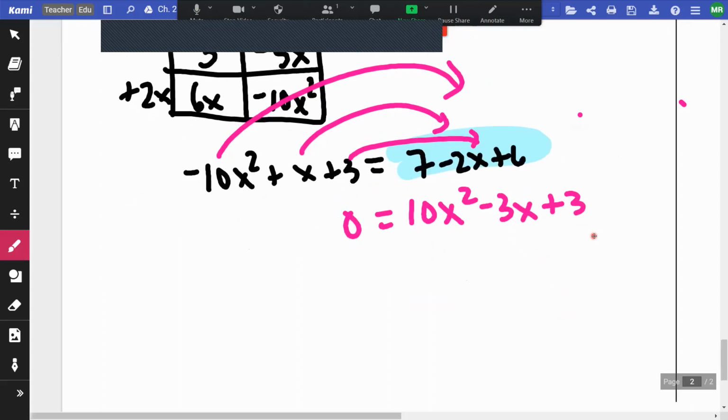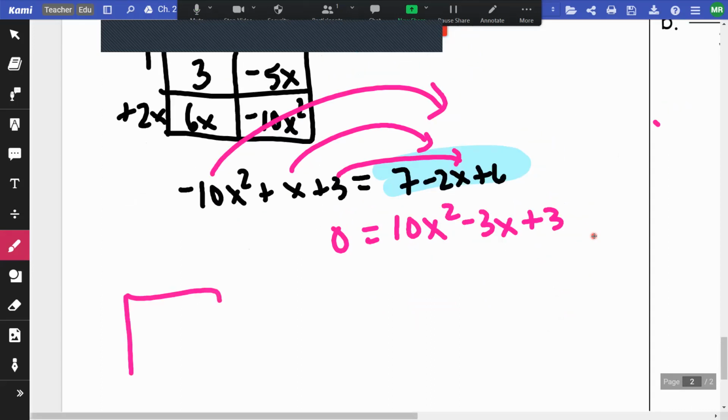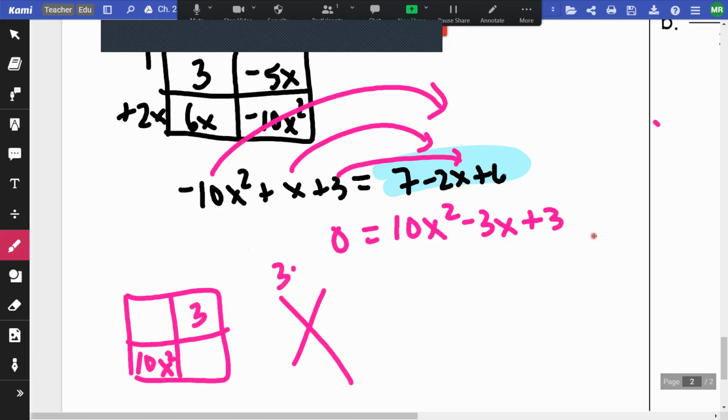So let's see. I'm going to take a box to diamond. So I'm going to have a 10x squared and a 3, which gives me a 30x squared. And it needs to add to a -3x. So I'm thinking positive 30 and a -3.